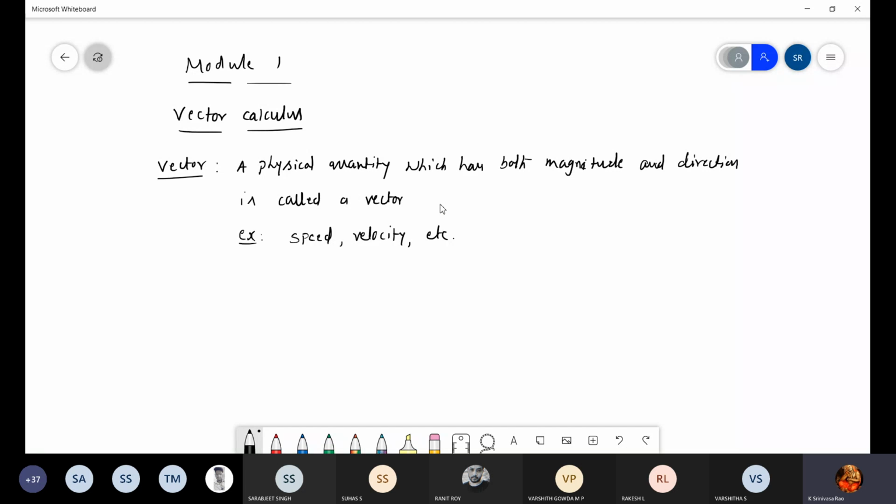Next, scalar. Same definition, which has only magnitude but no direction.